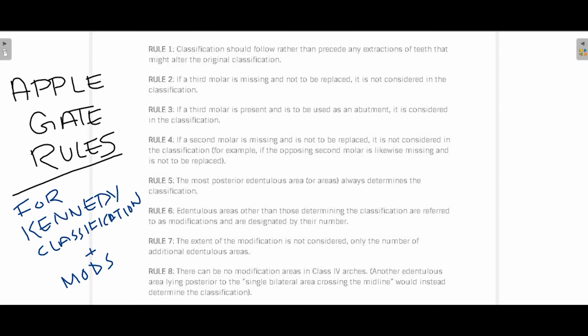Rule 7 says that the modifications are counted: we count the number of areas where teeth are missing. Now, Rule 8 suggests that when a patient comes to you in clinic with a class 4 arch classification, there are no modifications in it. So class 4 Kennedy's classification does not have any modification areas in it.